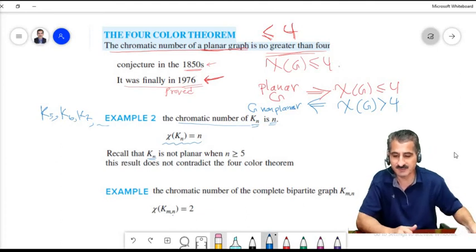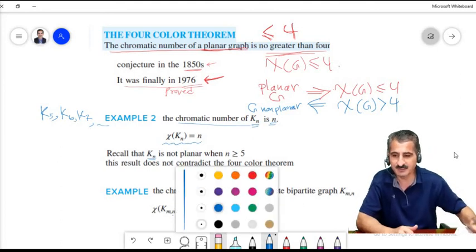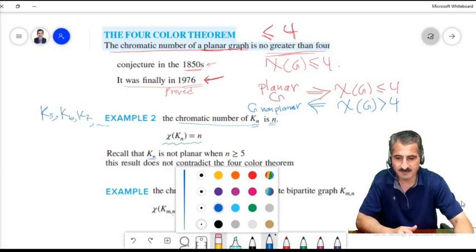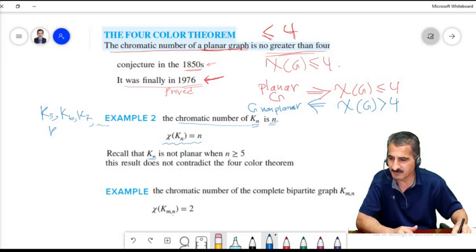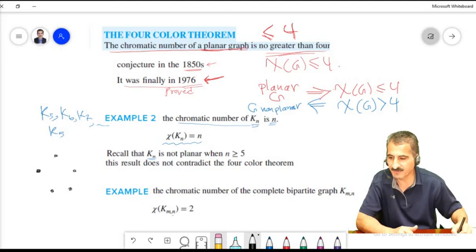For instance, to make these things clear, let me draw K5. K5 is a graph with 5 vertices. Now every vertex is connected to any other vertex. Let's try to do coloring for this graph.